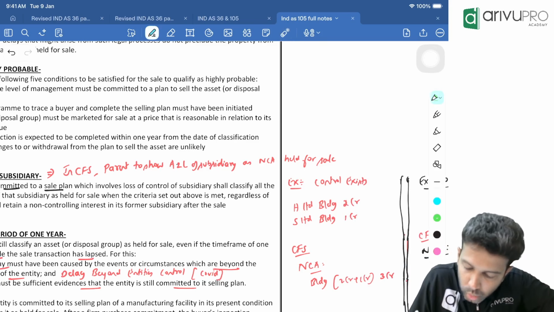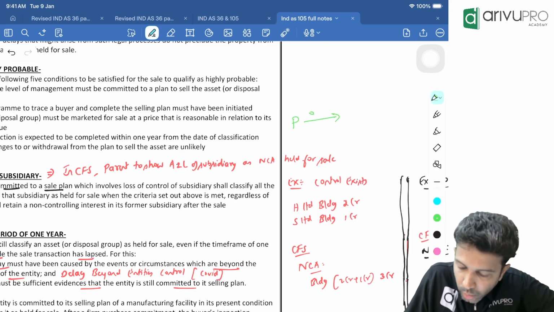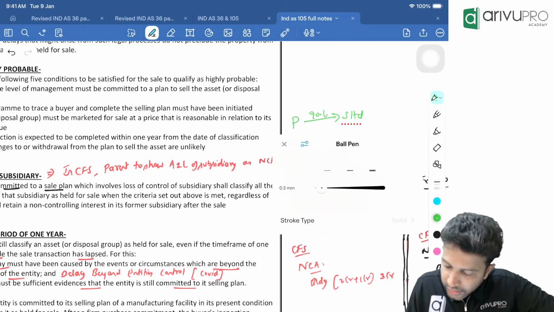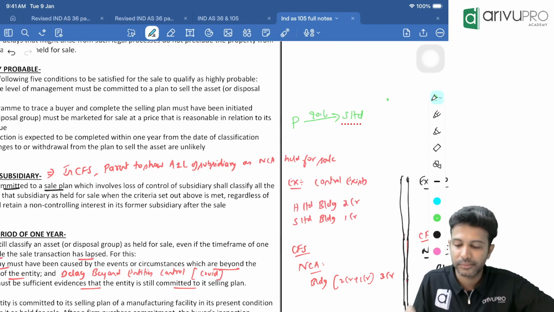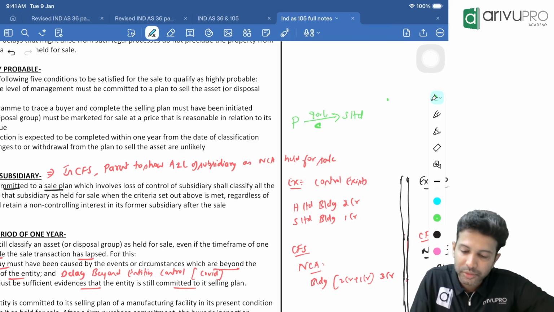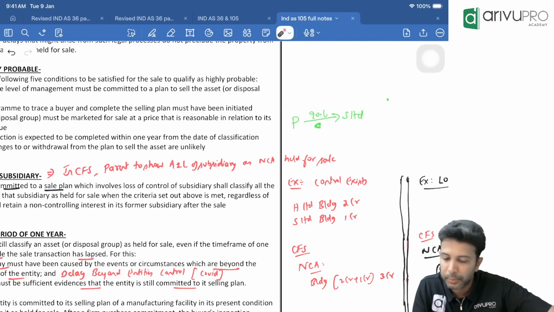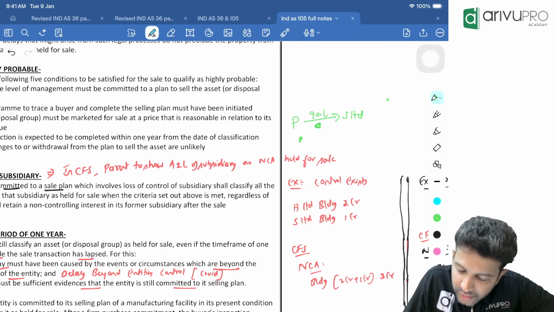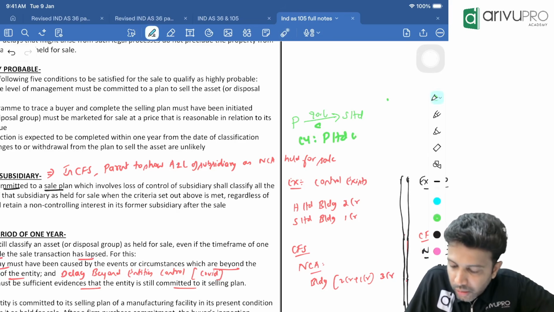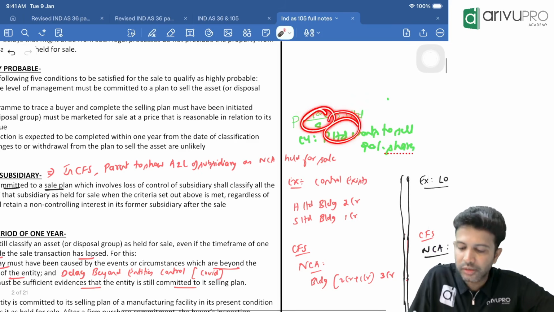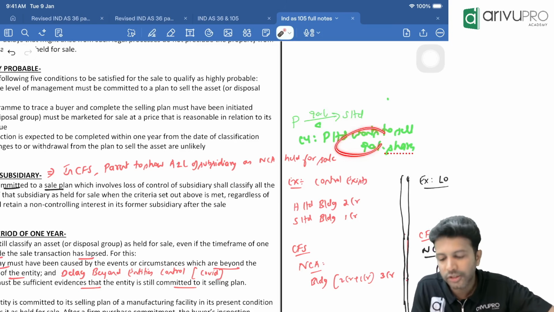Let's say P Limited, the parent, owns 90% shares in S Limited. Okay, sir. Now, with 90%, you get control. When you have control, P becomes the parent company, S becomes the subsidiary company. So, we need to prepare CFS here. Now, in the current year, P Limited wants to sell its 90% shares. Whatever P Limited is owning, they want to sell it.